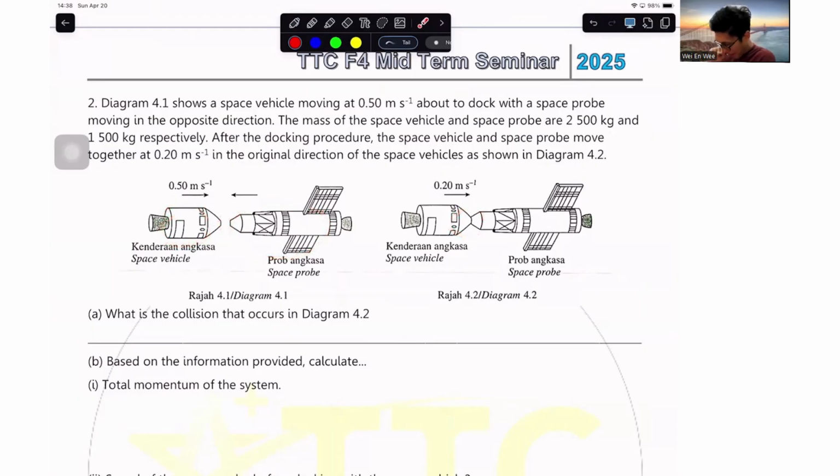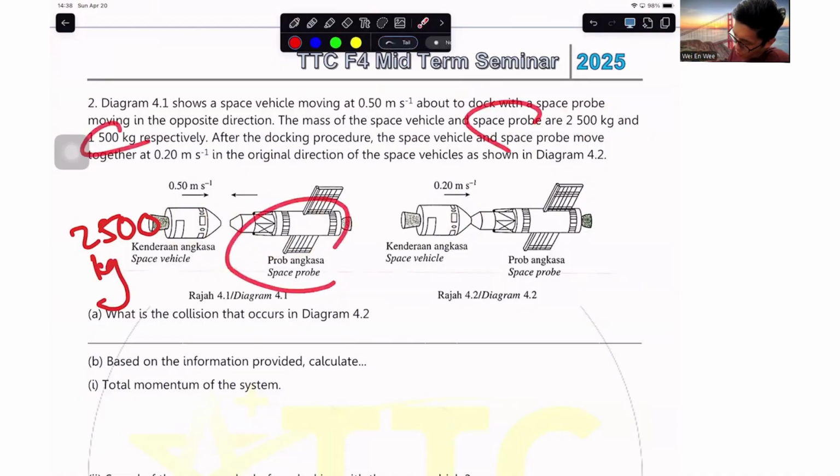The mass of the space vehicle and space probe are 2,500 kg and 1,500 kg respectively. So the space vehicle is this one, 2,500 kg, and the space probe is the other one, 1,500 kg.